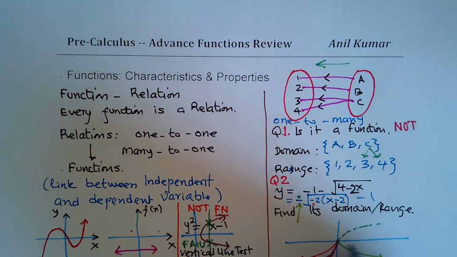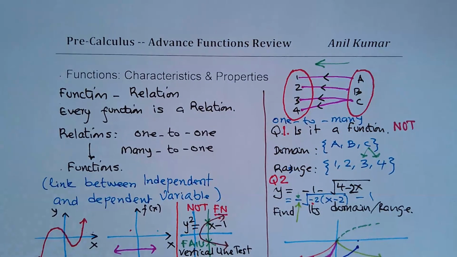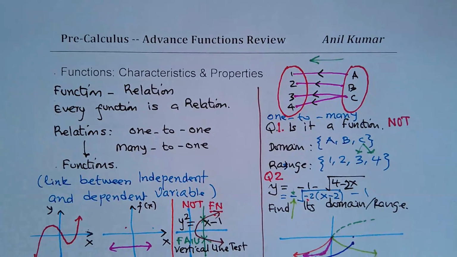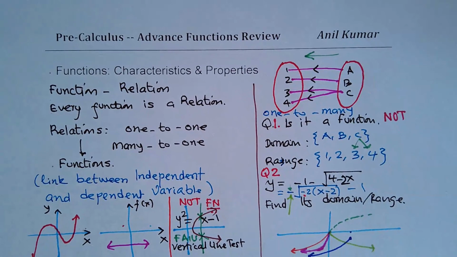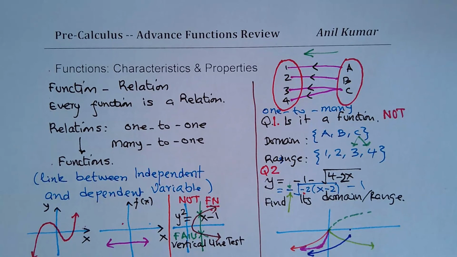So this structure will come 2 units to the right and 1 down. And what you find is something like this. Do you see that? So let me push this a bit more. Is that clear? I hope you can see it now.